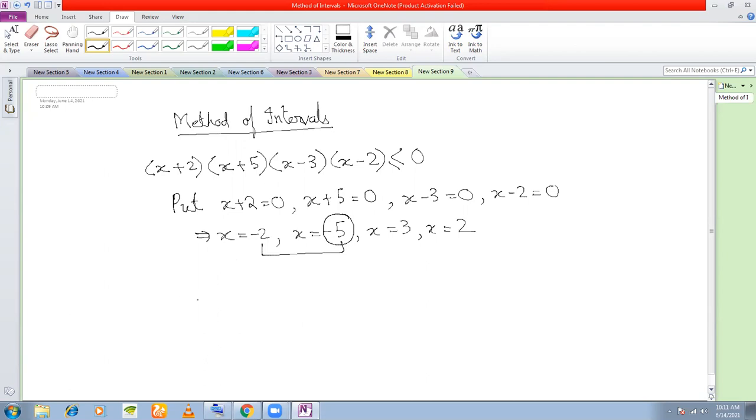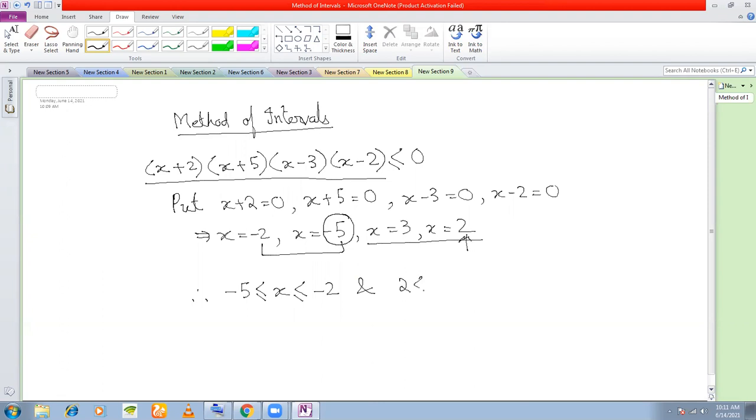Minus 5. So we say, therefore, for this inequality, x must lie between minus 5 and minus 2. Not only that, now we'll consider these two positive values, 3 and 2. Which one is the lesser value? 2.